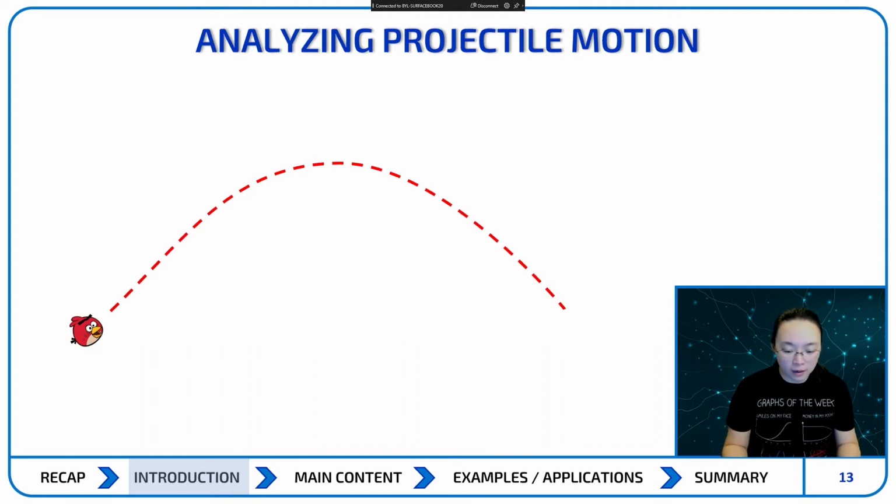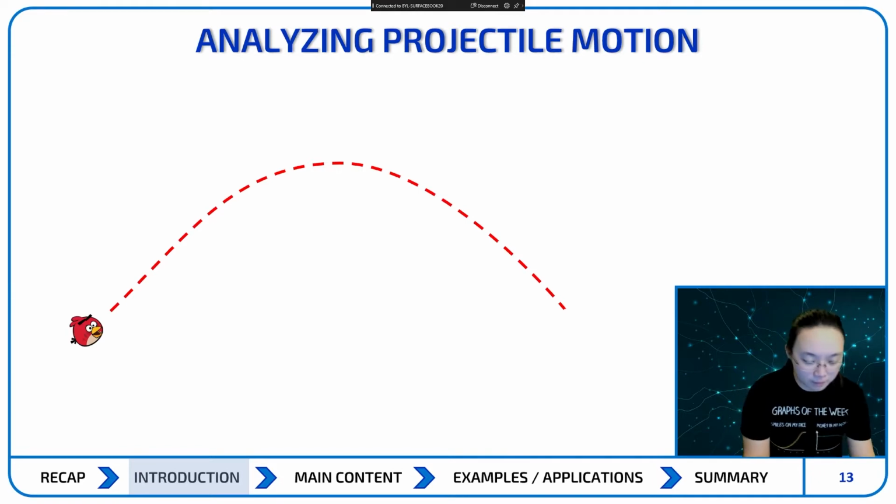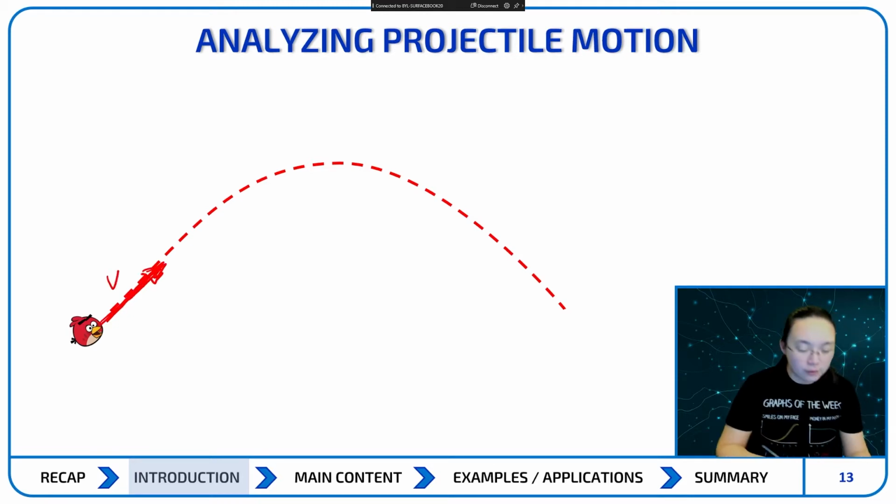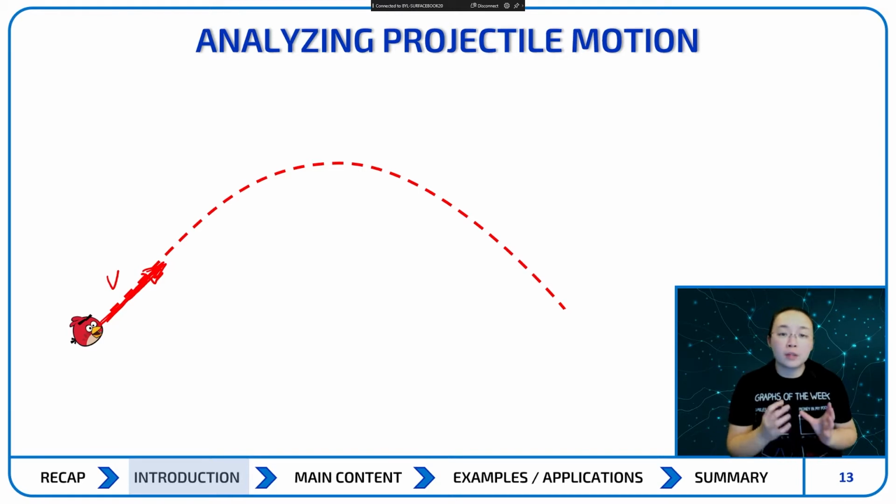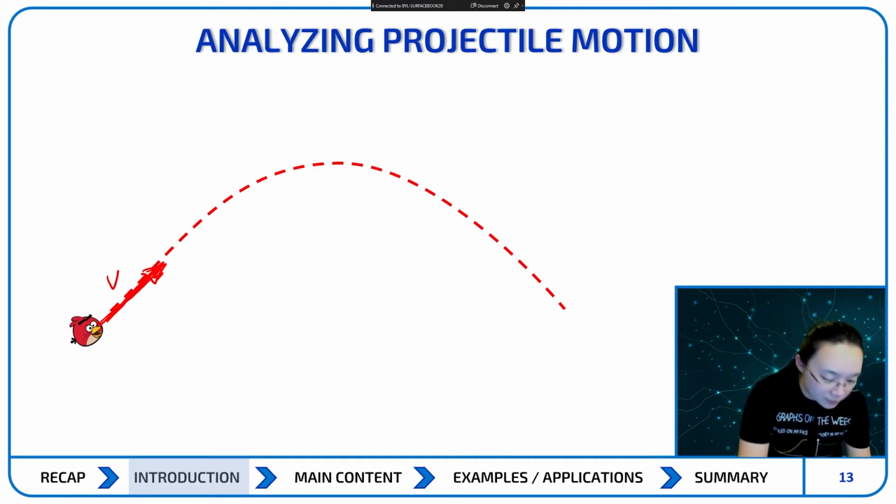By breaking it down, what I mean is that you can say there's a velocity, v. When the Angry Bird or the object is shot up into the air, it's going to have an initial velocity, which we call v for now.